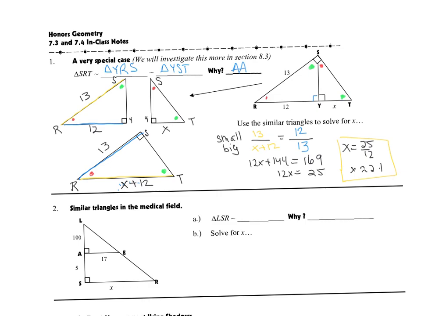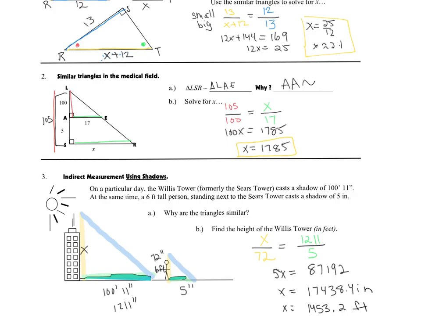All right, if we look at our next problem, we are given that this is 5 and this is 100, so this whole thing would be 105.